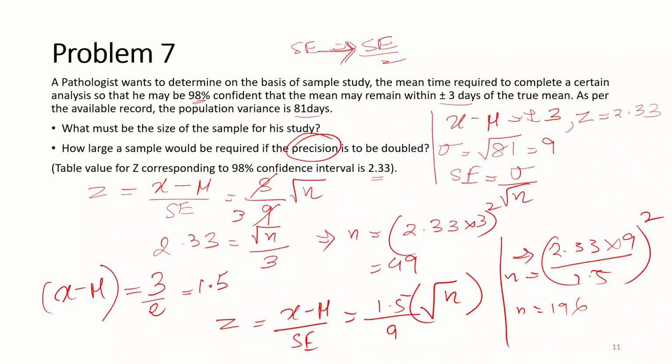Sir was saying that if the precision is required, the number of samples should be 4 times, so that when you take the root, it will again come back. As it is in root n, the standard error becomes half. That is the change in standard error with the number of samples.